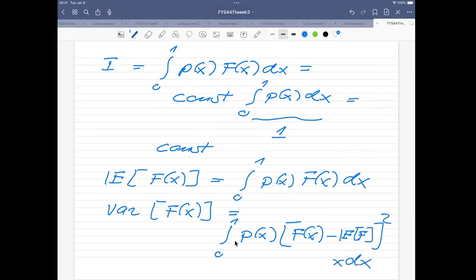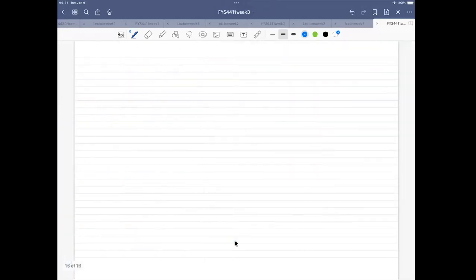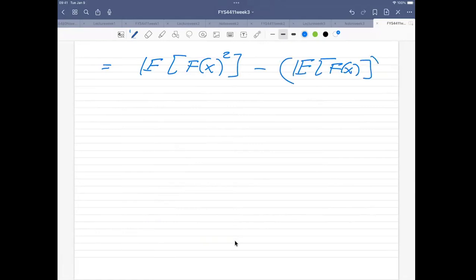Now, the interesting thing is that this gives us the following. If we write it out, we are going to get a quantity given by the integral over F of x squared, uppercase letter F of x squared, minus the expectation value of F squared. So the result is going to be given by the expectation value of F of x squared minus the expectation value of F of x, squared, which is just the mean value.